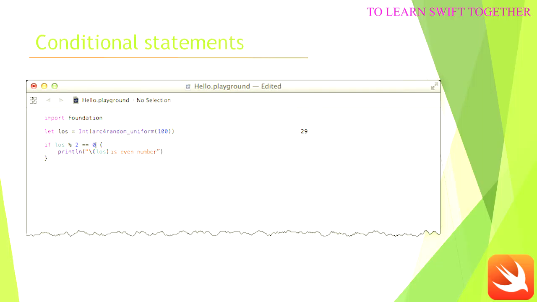It's not an even value, so no information appears on the screen. This is because in our example we didn't specify what should happen if the condition isn't fulfilled. The foundation library is imported only so that we could use the arc4randomUniform function that returns a random value.